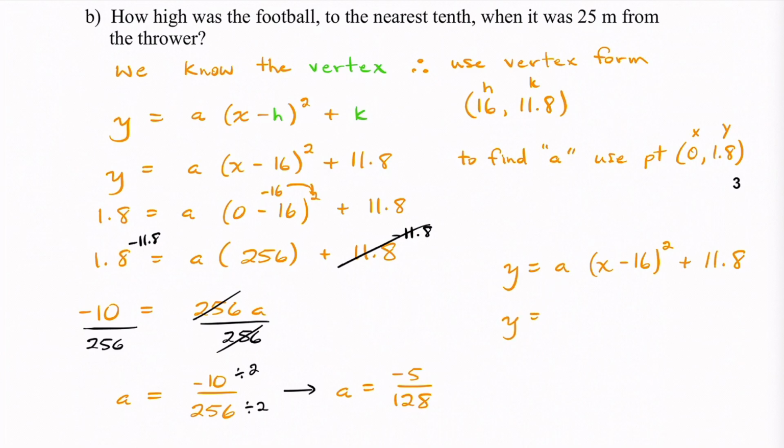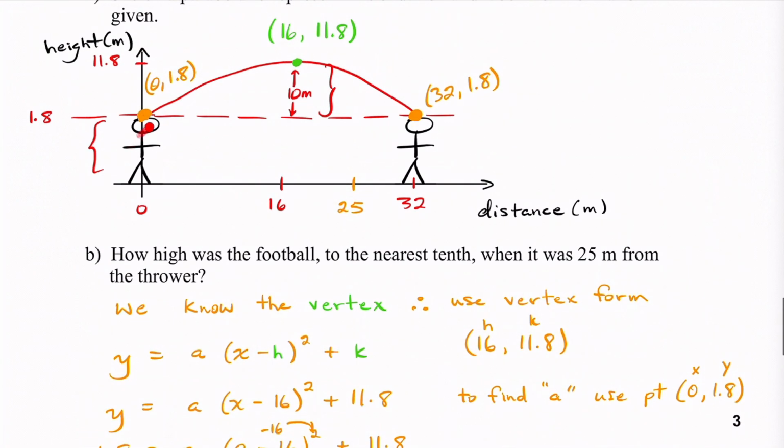So I got y equals negative 5 over 128 times (x minus 16) squared plus 11.8. Okay, so now I know what the function of this parabola that we had up here is.